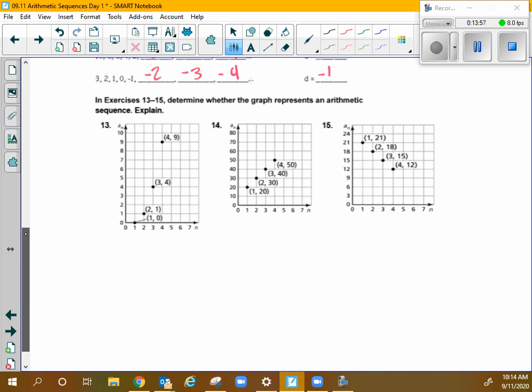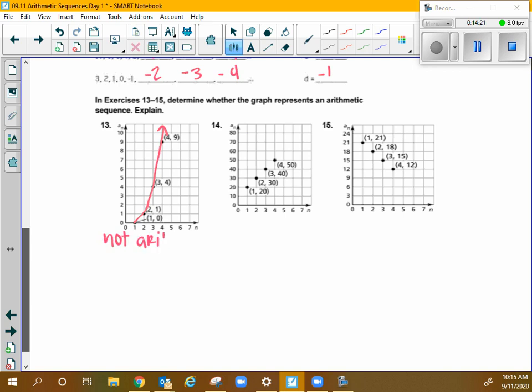But if I look at my graph, it either will appear linear or you have points like this. So I'm looking at 0 to 1. So far, so good. 1 to 4. Do those have the same difference? No. This one is not linear, and so it is not arithmetic.